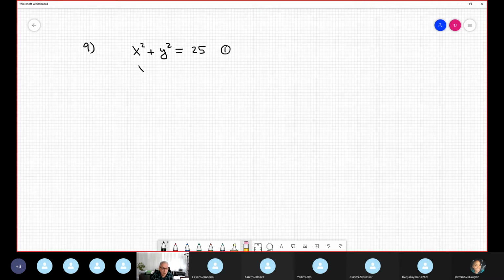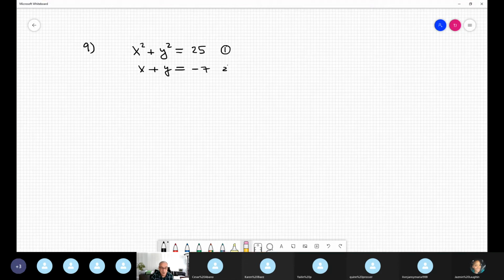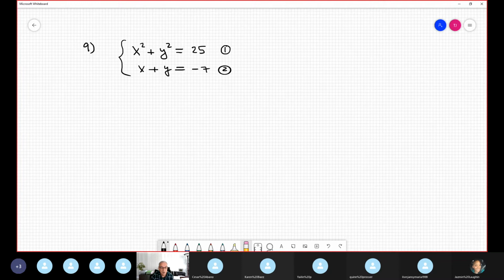Matrix is only applicable in linear systems. For non-linear, remember, we need to use the technique of substitution or elimination. In this case, easy substitution because we have, fortunately, one linear equation. So equation 2 is linear.